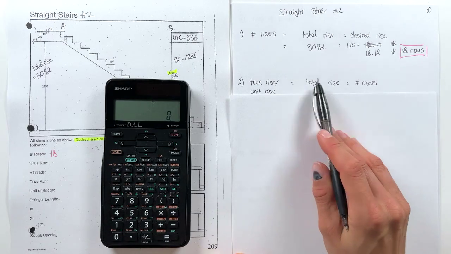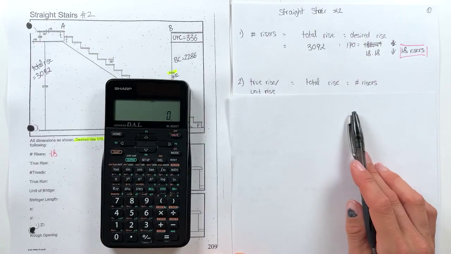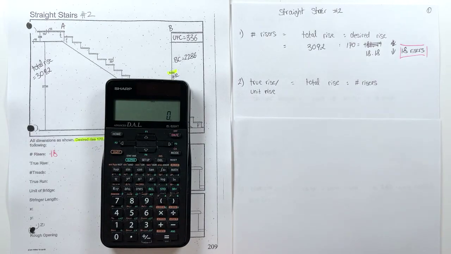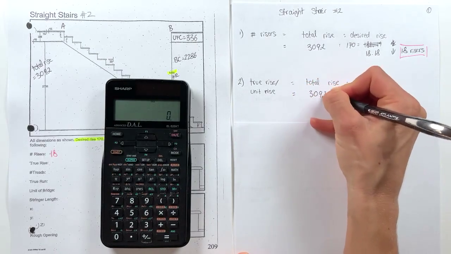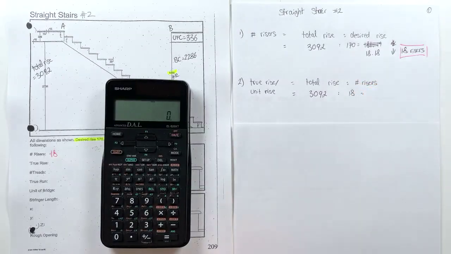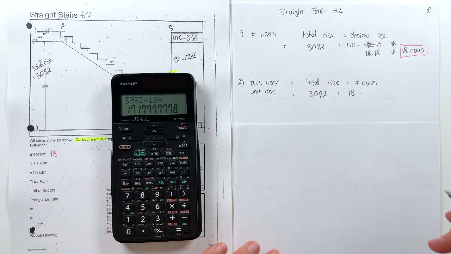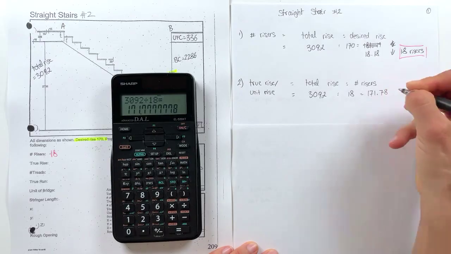So we use our total rise, that is still the same, 3092, and divide by the number of risers, right? We know we have 18 risers. Now we want to find out how tall they actually are. So 3092 divided by 18 risers. 3092 divided by 18. 171.78.